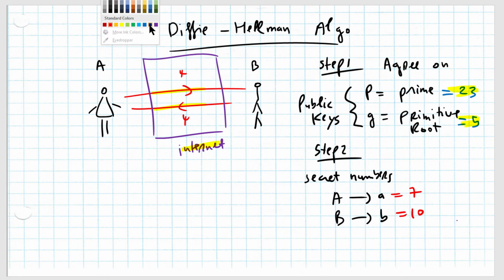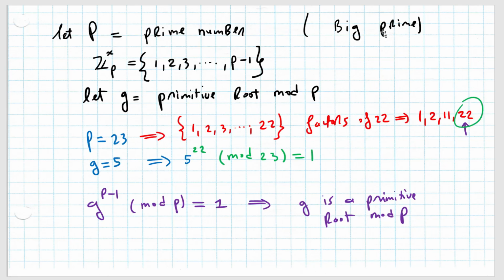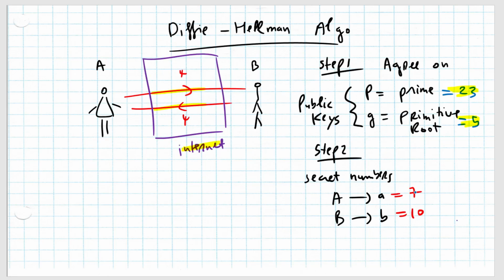Now you're going to ask, but can't anyone try to crack these numbers? If P is a very large prime number, it's going to be almost impossible for people to find the value of a and the value of b. If anyone is trying to crack the message that I'm trying to send you, the person will have to guess the number that this person chose and the number that this person chose.